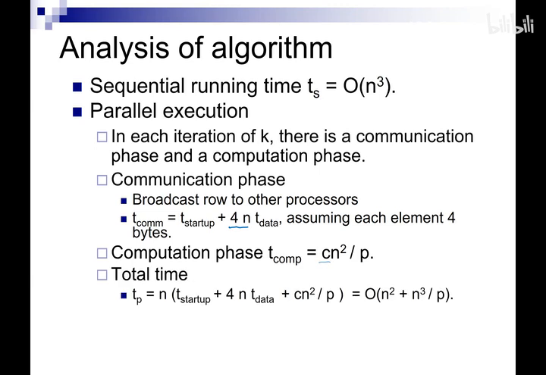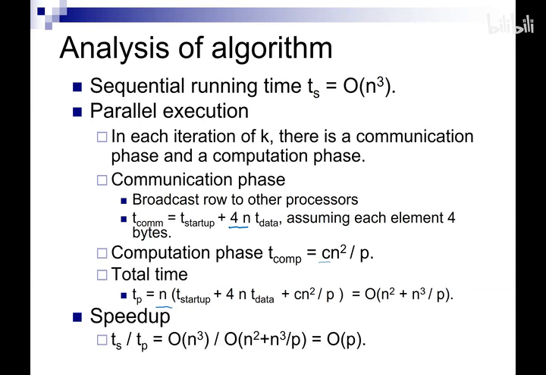And so the total time is just the sum of the communication and computation times. So it's going to be this basically. And the total time we need to multiply by the n phases that we're doing in total. So altogether it's basically order n squared plus n cubed divided by p.